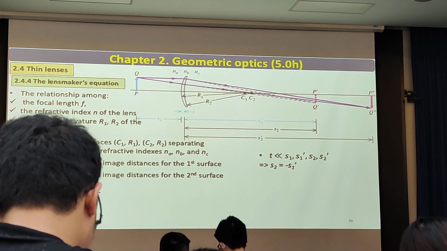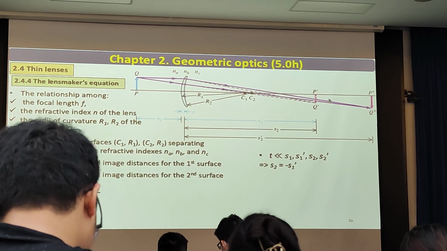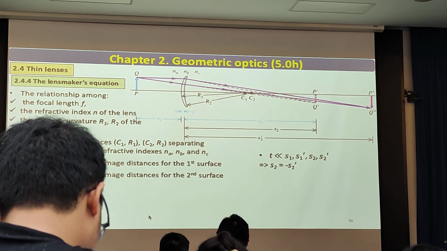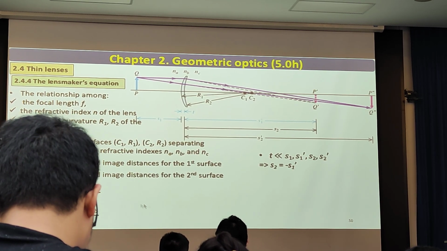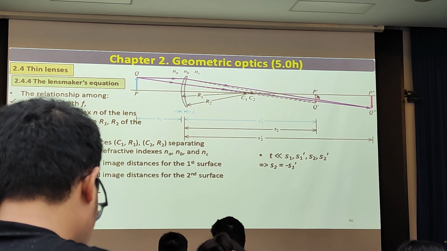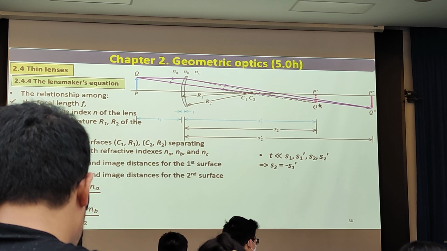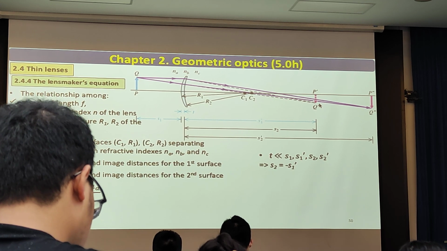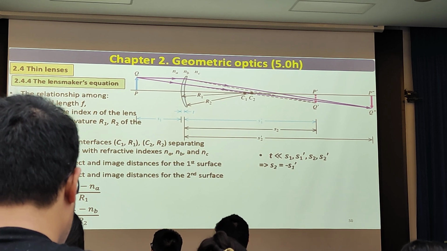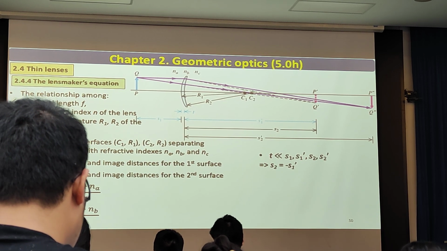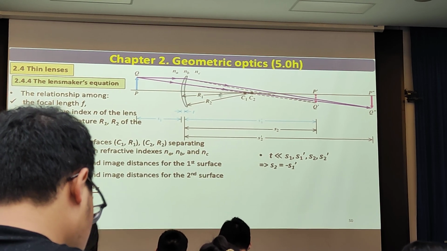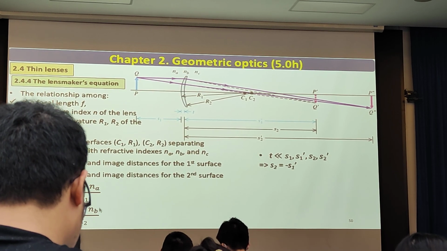And now we will see the similar one for Nb and Nc. We get Nb over S2, because this P prime Q prime is also the object for the second spherical refracting surface. So you get Nb over S2 plus Nc over S2 prime equals Nc minus Nb over R2.